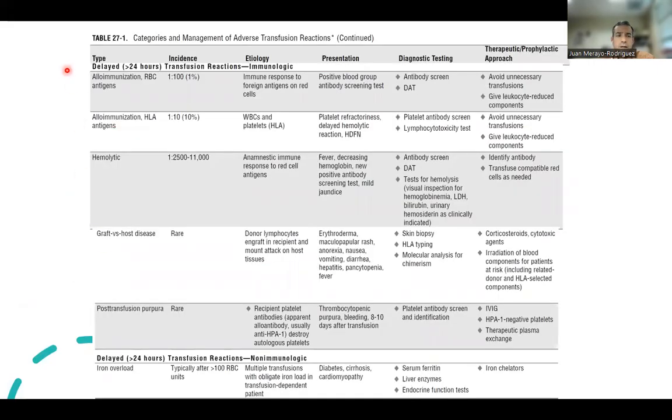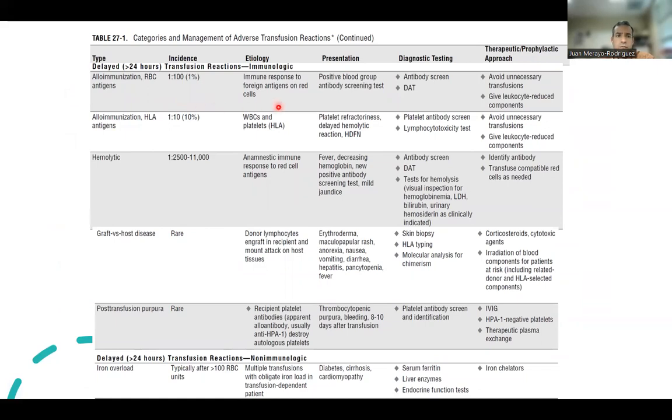For the delayed, more than 24 hours transfusion reactions, immunologic types, we have this in the table from AABB. And in the bottom here, you can see delayed transfusion reactions, non-immunologic, which includes iron overload. For alloimmunization, you can have it due to red blood cell antigens, that's about 1%.